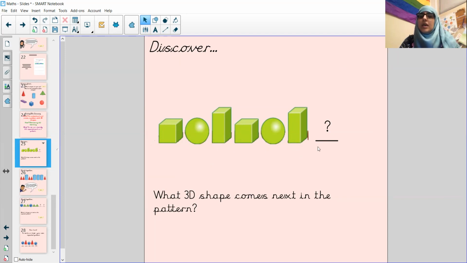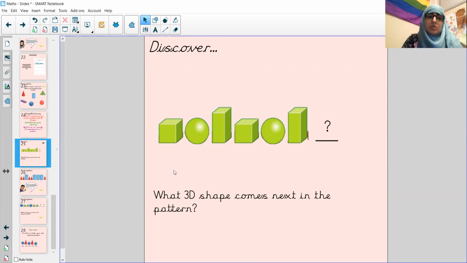So the next one is, I think I can hear you, it is a cube. Cube starts the pattern, then it's the sphere, and then it is the cuboid. So I would put the image of the cube here and continue the repeated pattern if I wanted to. If we put the cube there, then we know it would be the sphere, then the cuboid.